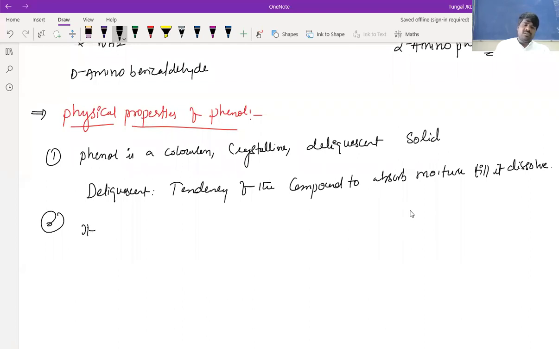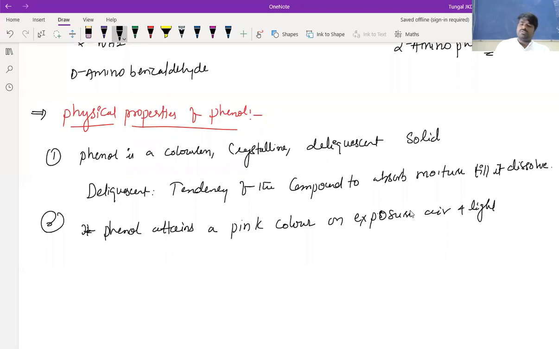Phenol attains a pink color on exposure to air and light due to oxidation.